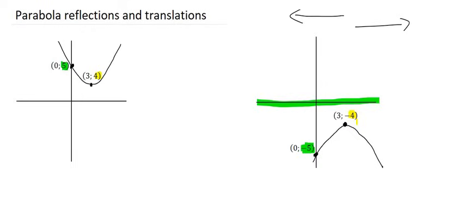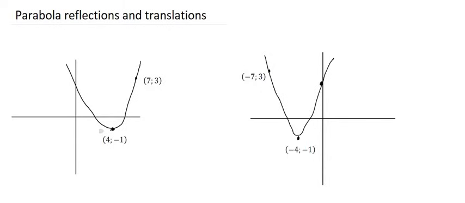Let's do a few examples. Sometimes we reflect the graph in the y-axis instead. So notice that in the first parabola on the left, we take that parabola and we reflect it in this direction across the y-axis. And so all the y values will stay the same, but the x values will become the opposite of what they were.